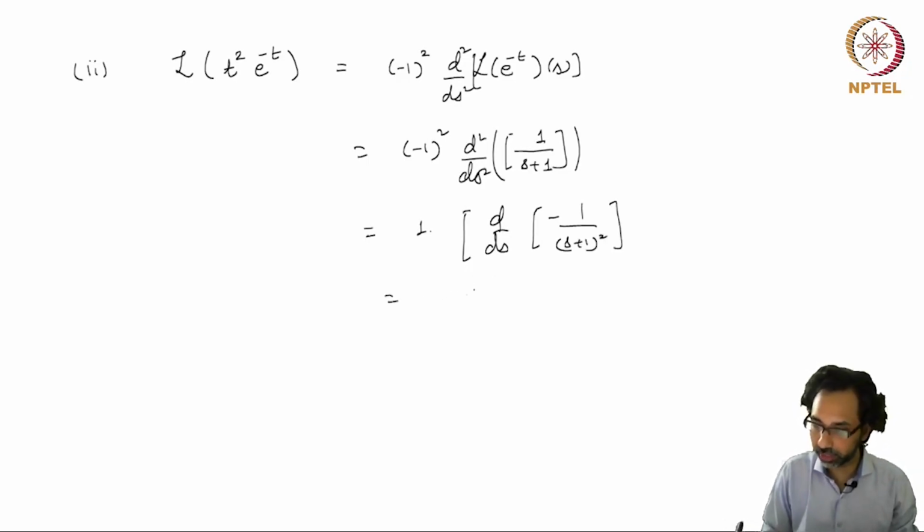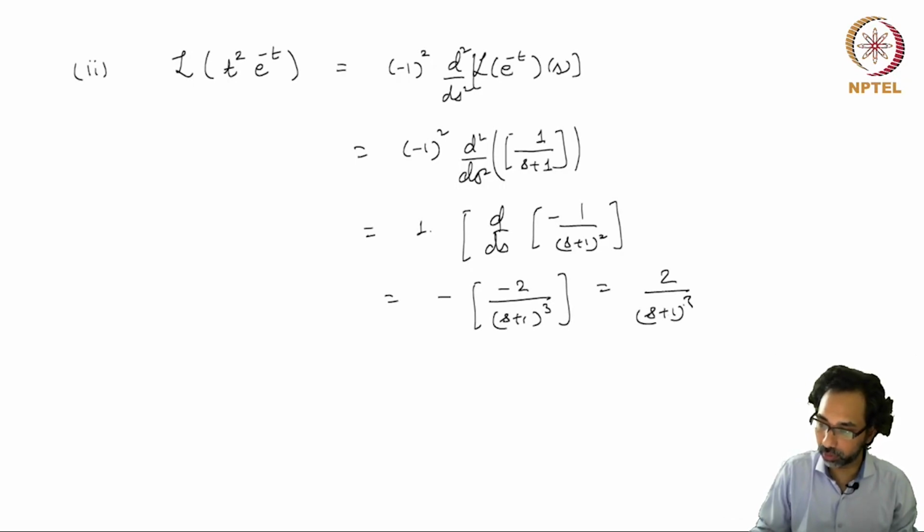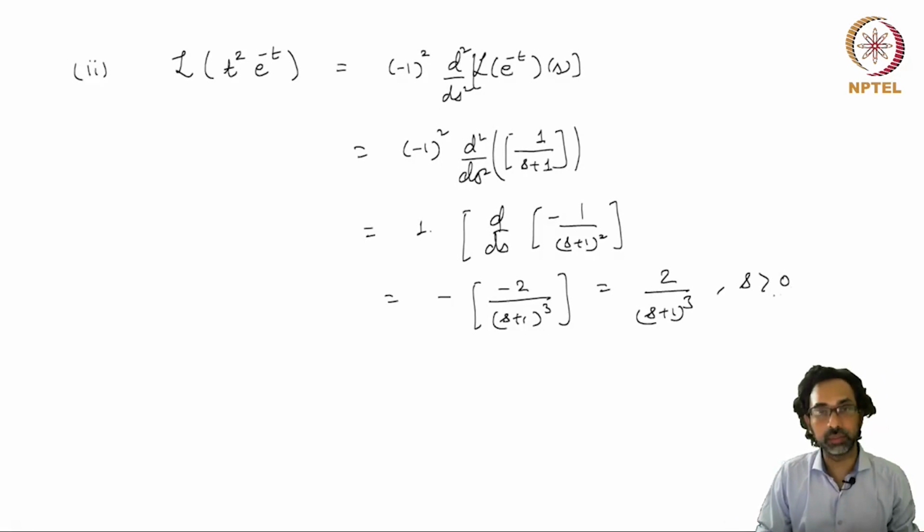Once more we take the derivative, so we get minus 2 by s plus 1 whole cube. So you get in the end 2 over s plus 1 whole cube, and this is valid for s greater than 0, for example. So you can also have s greater than minus 1 here, but it is also valid for s greater than 0.